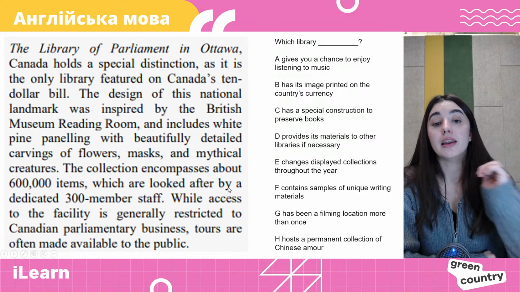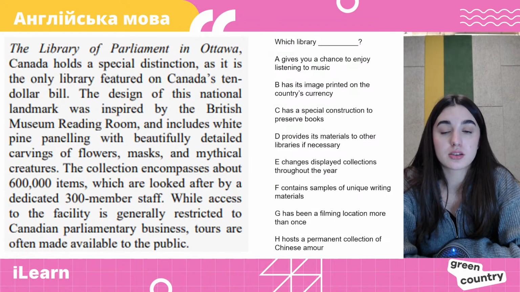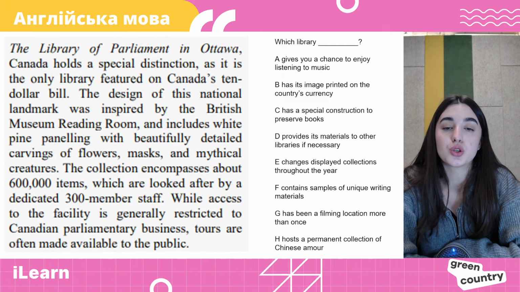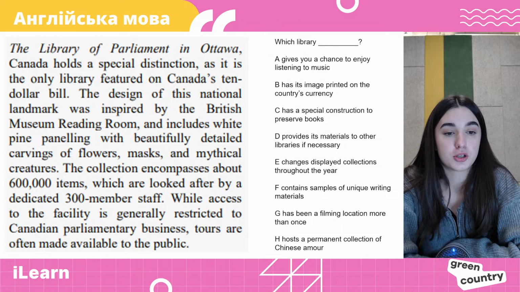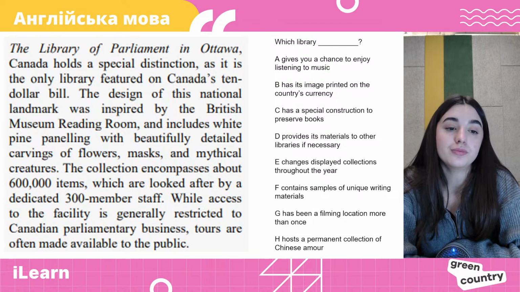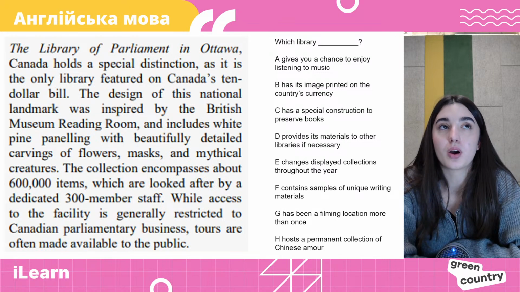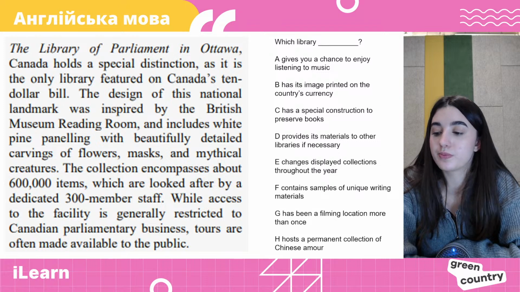Good. Now we're going to read one more text, and it will be about the Library of Parliament in Ottawa. So please read it for 2 minutes and choose the correct option. Here's the same, only details are important.